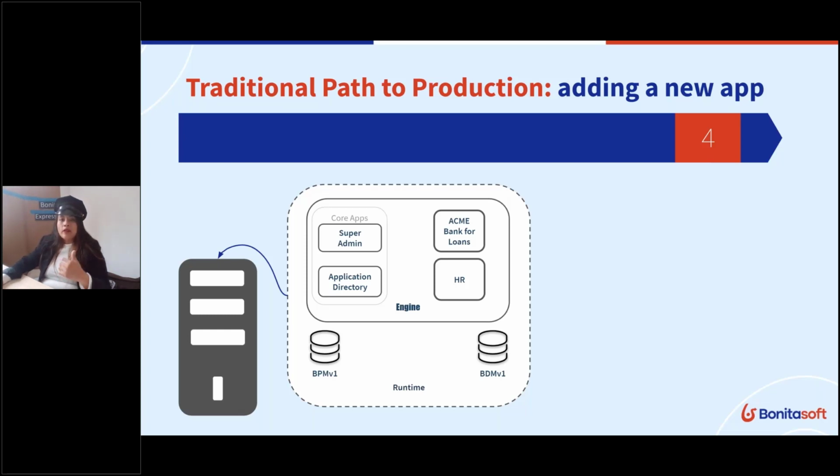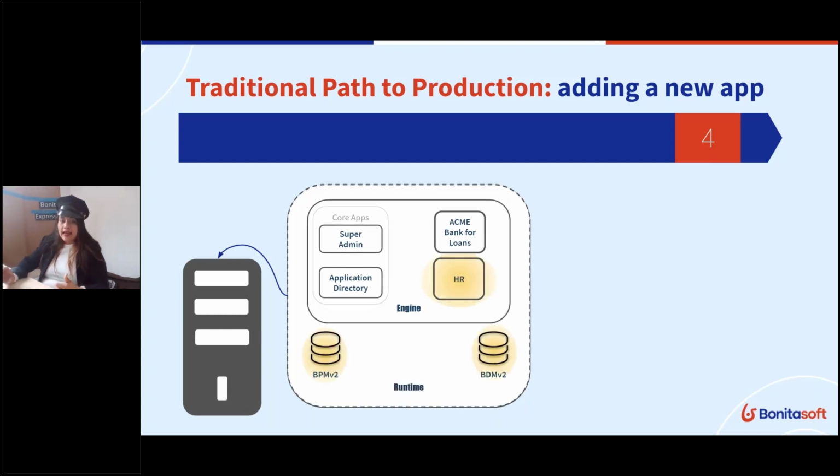But when doing this, in fact, we need to add something also to our BDM, which is being shared by both applications, and by our BPM, which is also being shared by both applications. So at the end, we are going from V1 to V2 because we are adding more stuff linked to the second application.